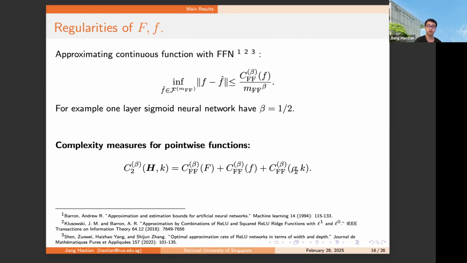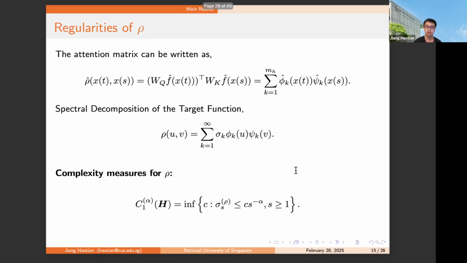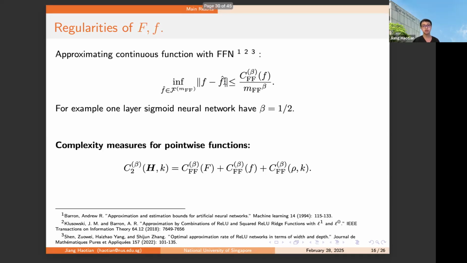We also write rho here, because, going back to this side, we see that we need to approximate the eigenfunctions of rho using feed-forward neural networks. So this complex measure C2 basically contains all the pointwise functions we need to approximate using feed-forward ones.